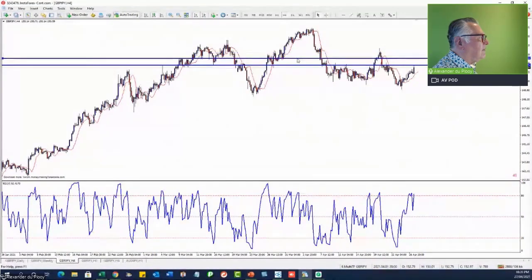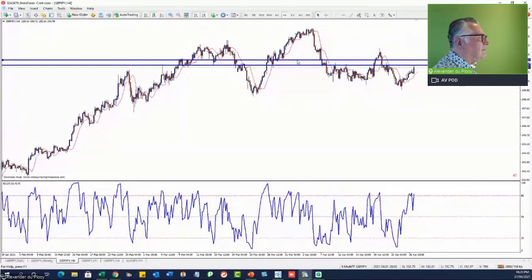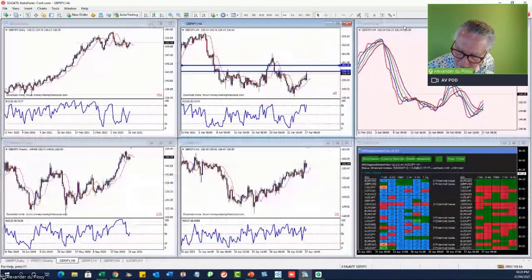Ugly. Yeah, it's probably there. So there's two resistances at the top there. So I'm not going to look at this one any further.